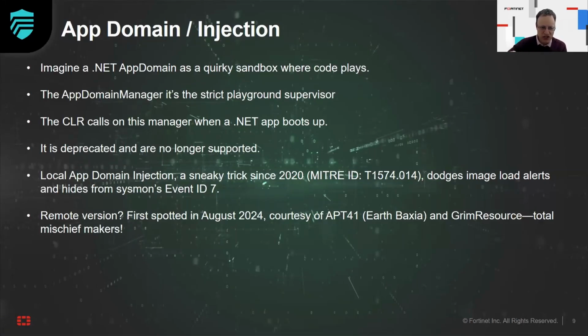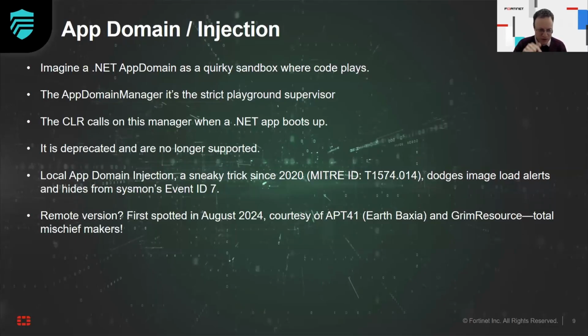So the AppDomain Manager is kind of like the supervisor of the playground where this code can play, right? The common language runtime calls this manager when a .NET application boots up. It's now deprecated or no longer supported, but it's still there, right?